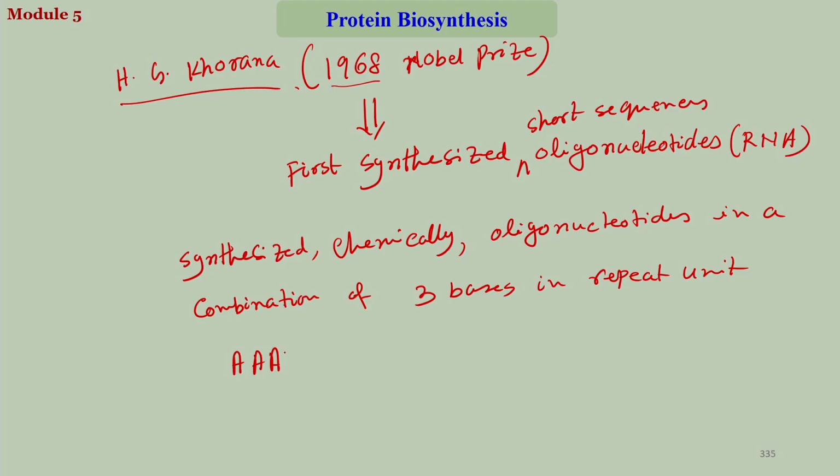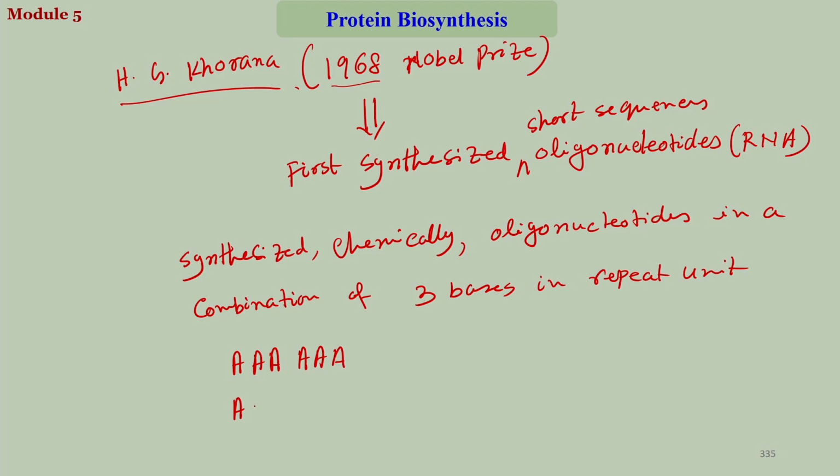So, AAA, and then a repeat of AAA, let us just take 2. I think he took 3 combinations at a time, and then you vary, you make all possible combinations.